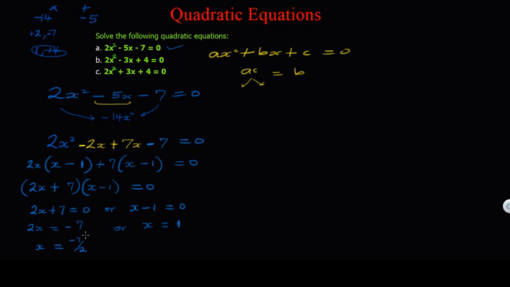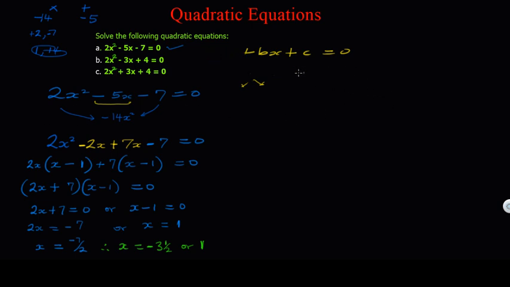Therefore, we can say our final answer is x equals minus 3 whole number 1 over 2, which is the same thing as minus 7 over 2, or x is 1. So those are the two possible values that we can say x is for this question. Let's try the second one.